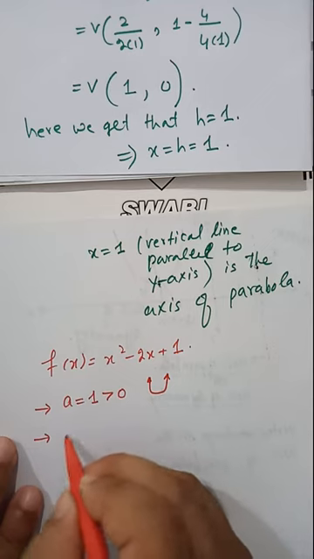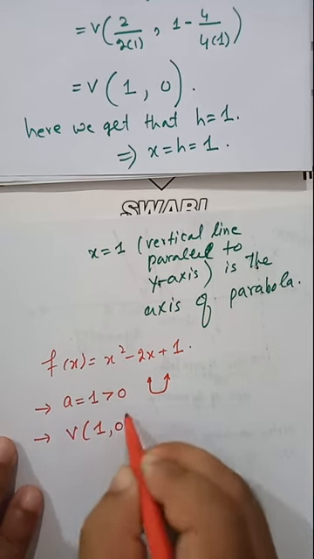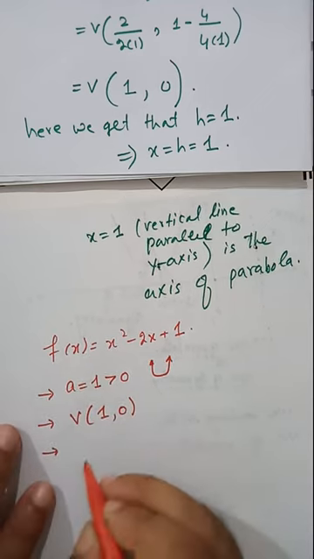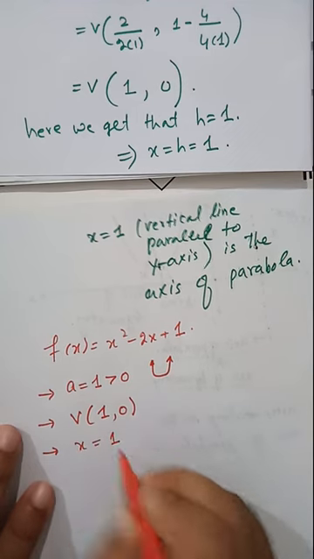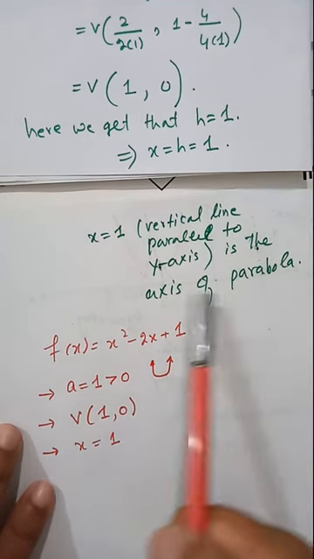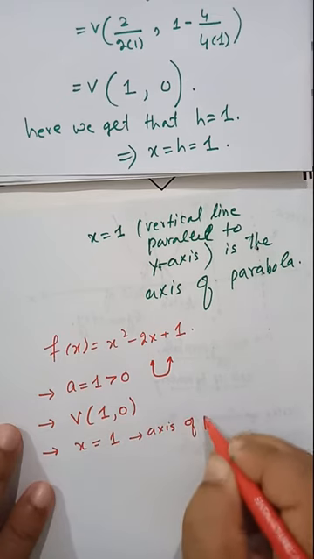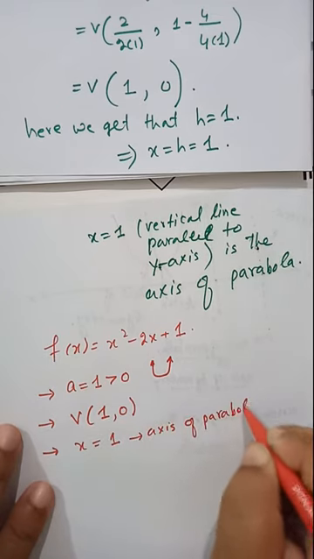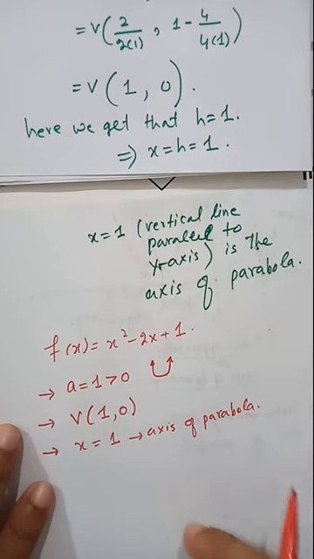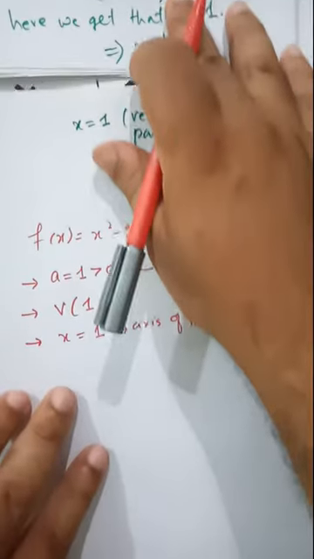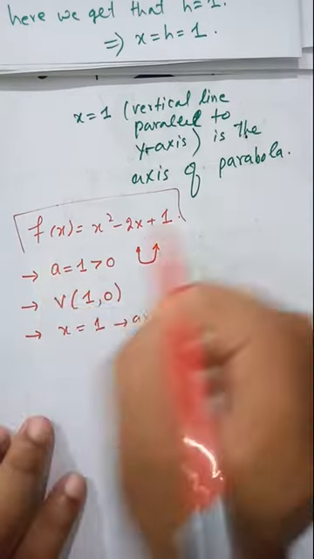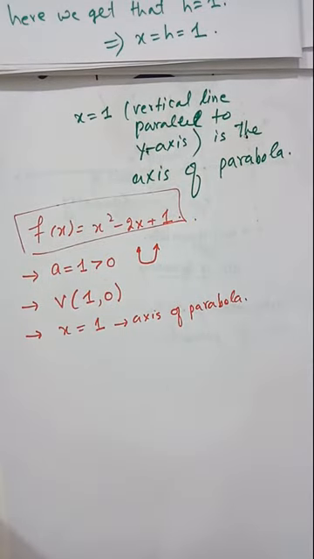The second point, vertex is 1 0. The third point, x is equal to 1, a vertical line parallel to the y-axis, is the axis of parabola. We conclude these three things. With the help of these three, now you will see I am sketching the graph of this quadratic function, which must be a parabola because it is quadratic.